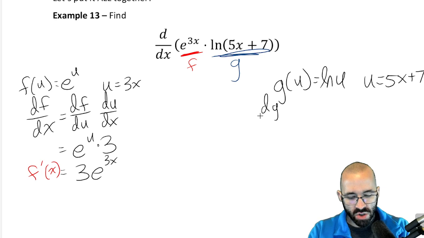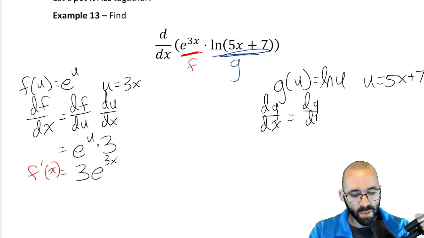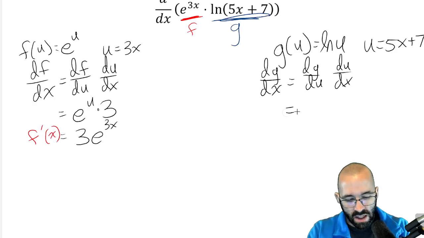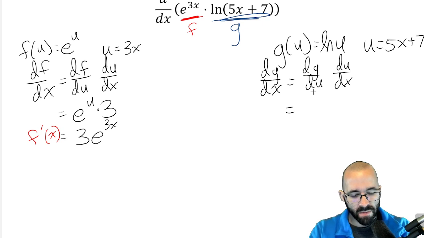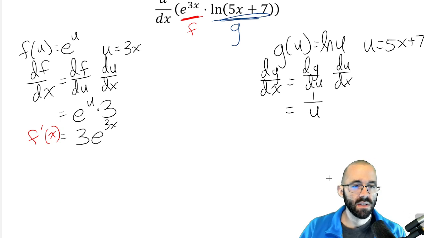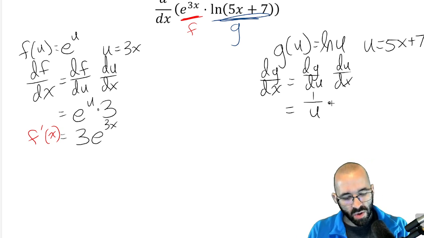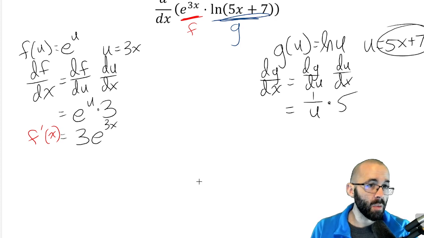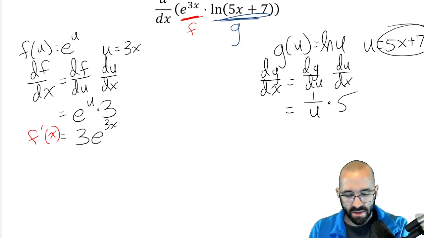So the derivative of g with respect to x is going to be the derivative of g with respect to u times the derivative of u with respect to x, just the chain rule. Derivative of g with respect to u, the derivative of the natural log function is the reciprocal. Times the derivative of u with respect to x, the derivative of a line is its slope, which is 5.